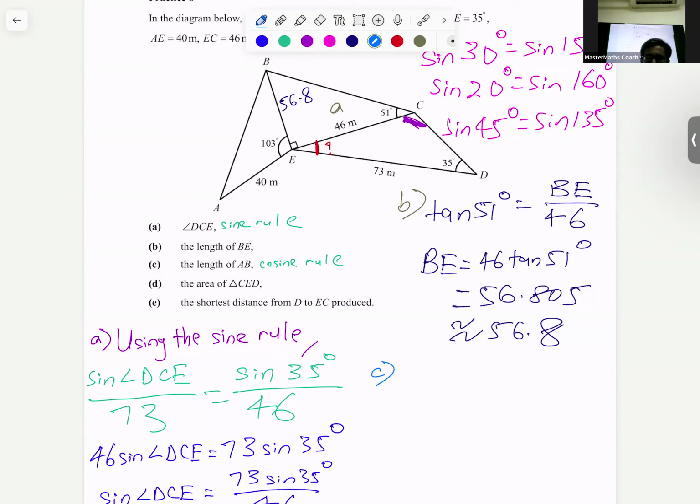The conditions are either you have 3 sides or you have 2 sides and an included angle. Included angle is flanked by 2 sides whose lengths you know.